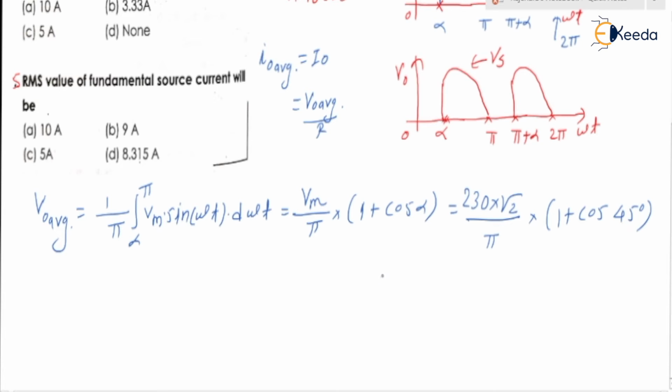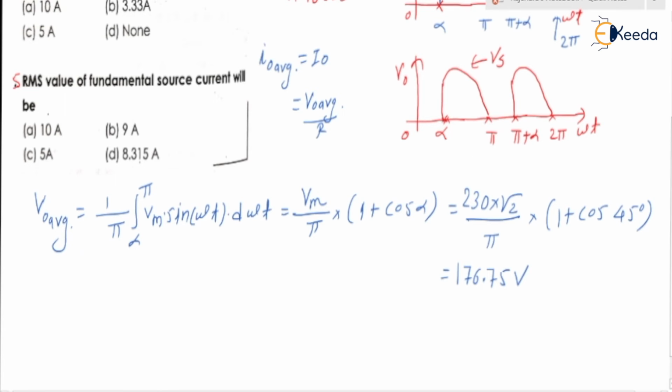So it is equal to 176.75 volt. This is the V0 average.